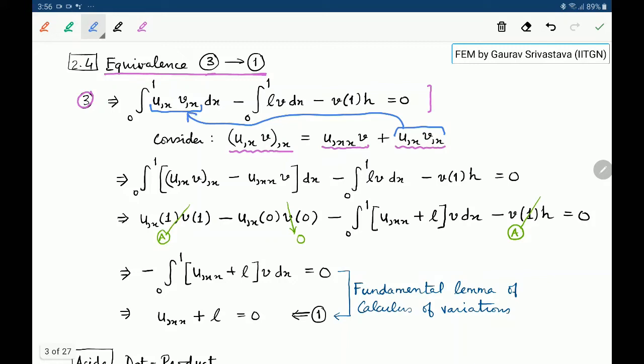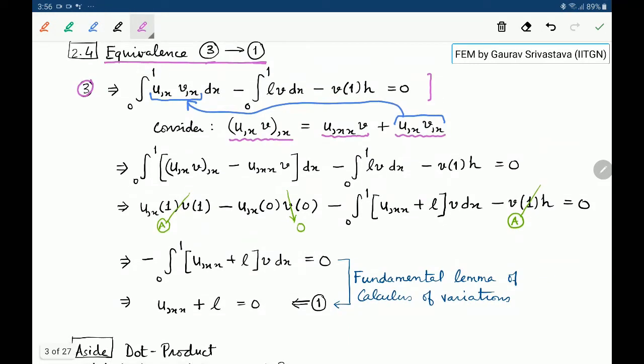So from here we can replace there. So this first integral becomes integral 0 to 1 u comma x. Basically this comes here and this comes here with a minus sign. The other two terms remain the same. We don't do anything to that.